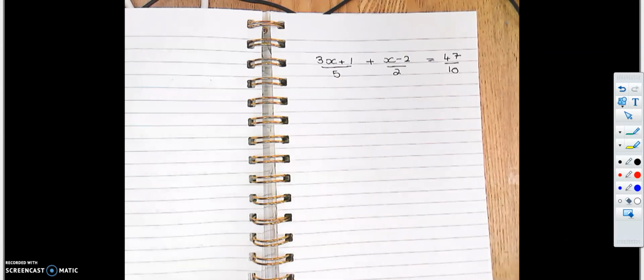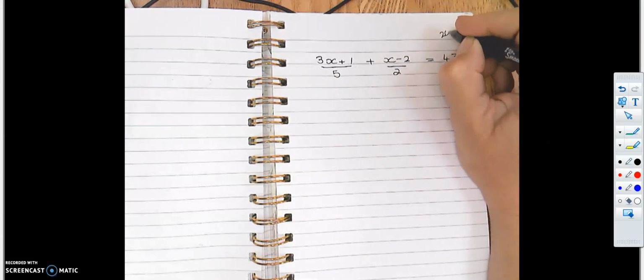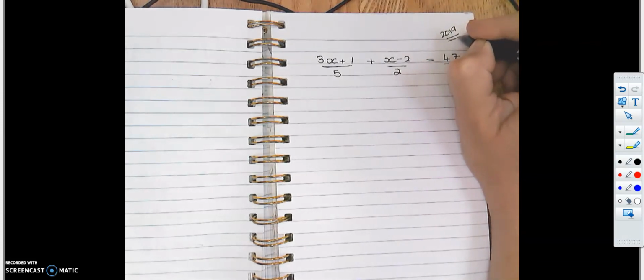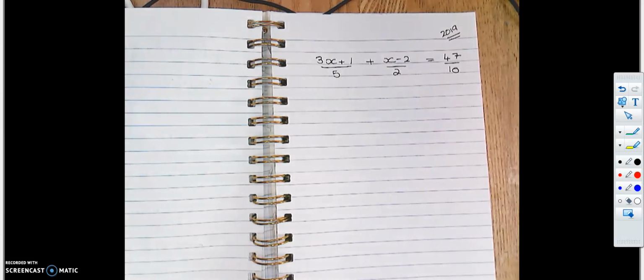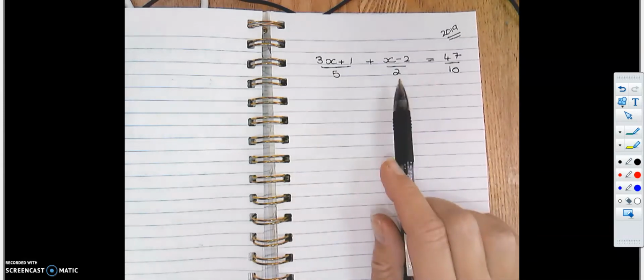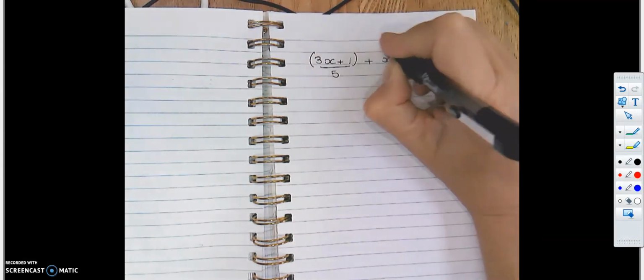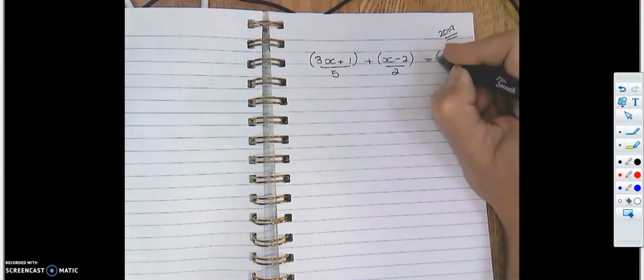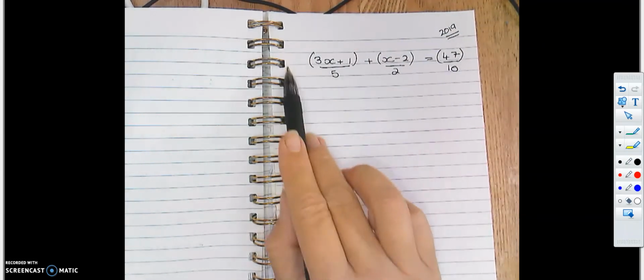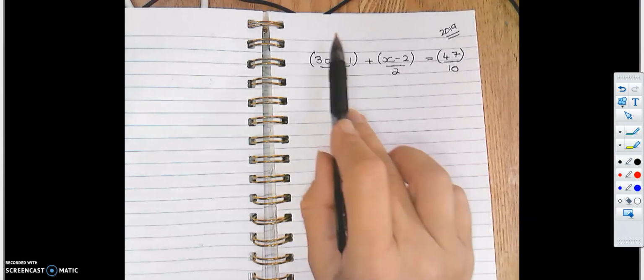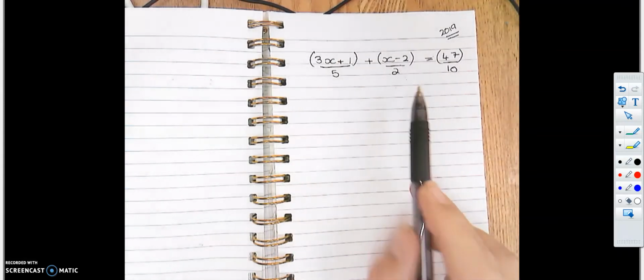All right, this is the example from 2019. It's not an example, it was an actual Leaving Cert question from 2019. So again, method, fraction, fraction equals fraction. Start off, write brackets around your numerators. We want this side to be a single fraction, so bases multiply each other.